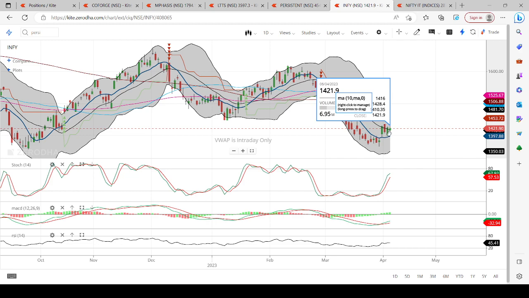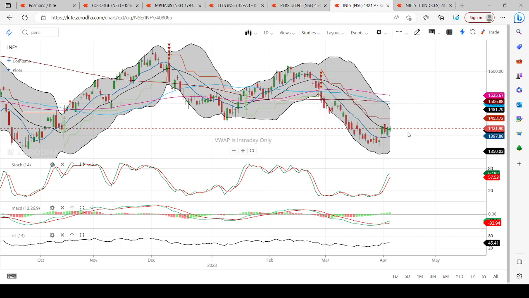On the other hand, if the earlier guidance is 16 and this time they say we are revising our FY 23-24 guidance to 16.20 or 25, that's more than enough for the stock to fly 5%.